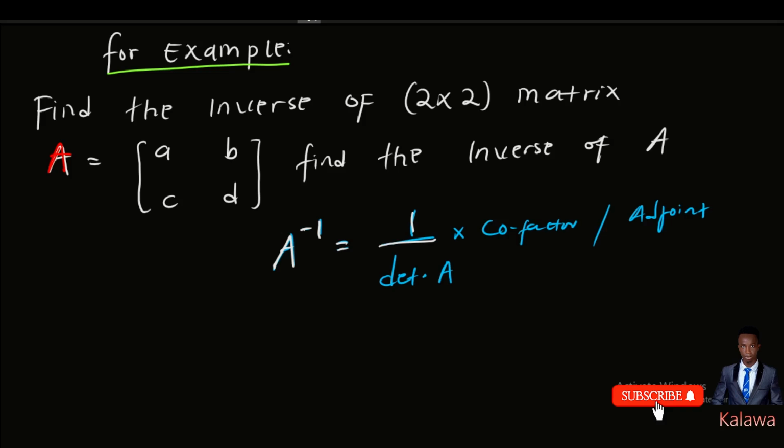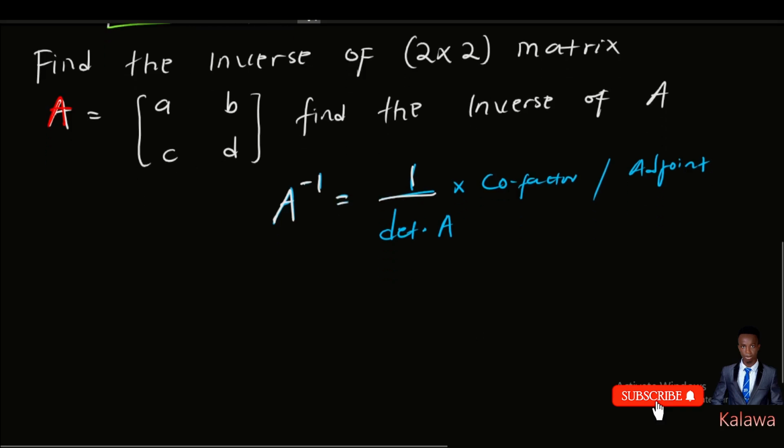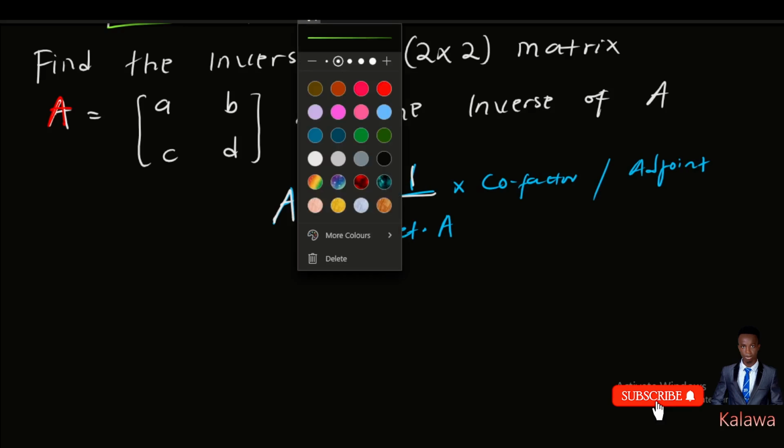And remember, the determinant of a 2 by 2 matrix is the same determinant we solved for in our previous video. So go back and watch our previous video if you want to know how you can find the determinant of a 2 by 2 matrix. So it's just the same procedure.